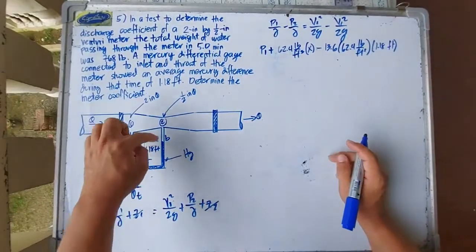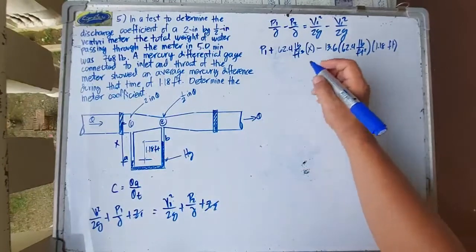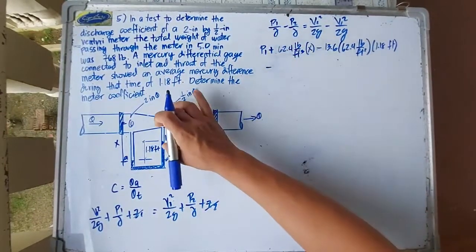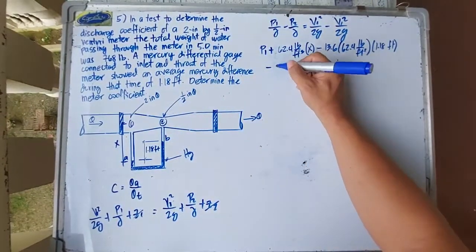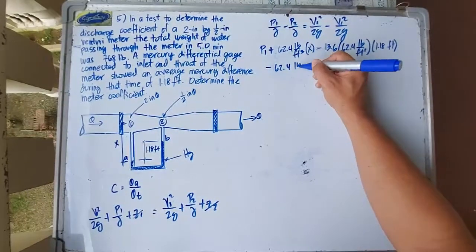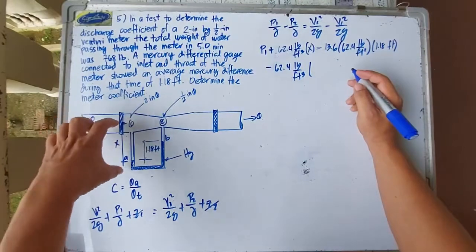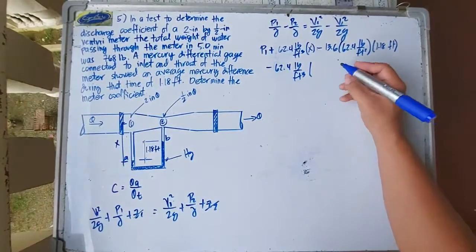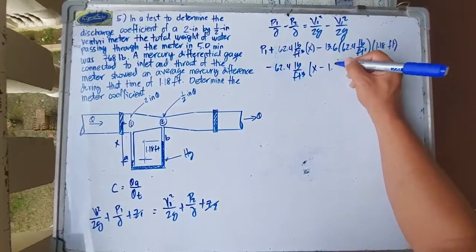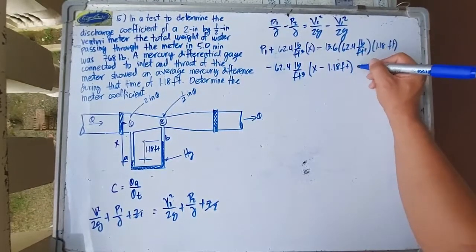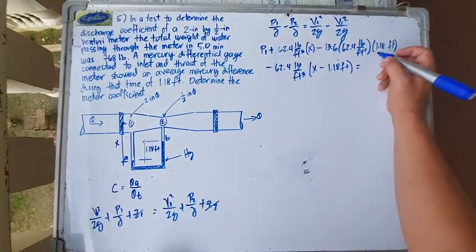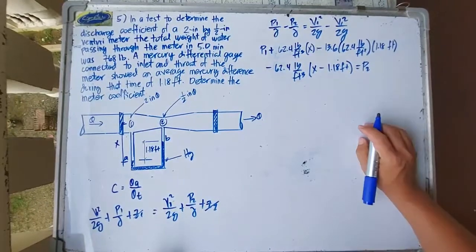And then we move upwards again to point 2, that is minus, so this is already water, 62.4 pounds per cubic foot times the height of water, that is x minus 1.18 feet, and that should be equal to the pressure at point 2.